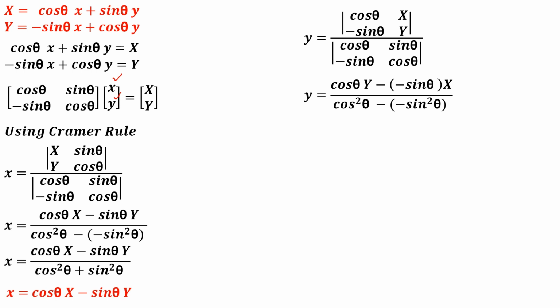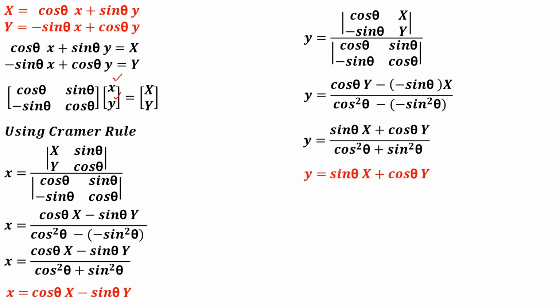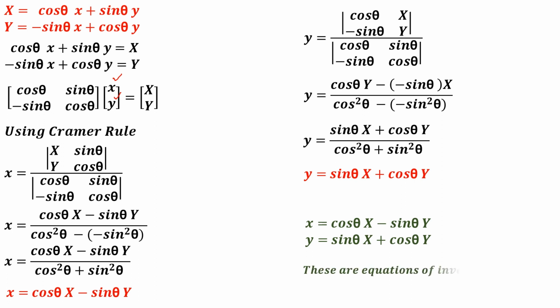We evaluate these two determinants and find the value of small y to be sin theta capital X plus cos theta capital Y. So small x is equal to cos theta capital X minus sin theta capital Y and small y is equal to sin theta capital X plus cos theta capital Y. These are the equations of inverse rotation.